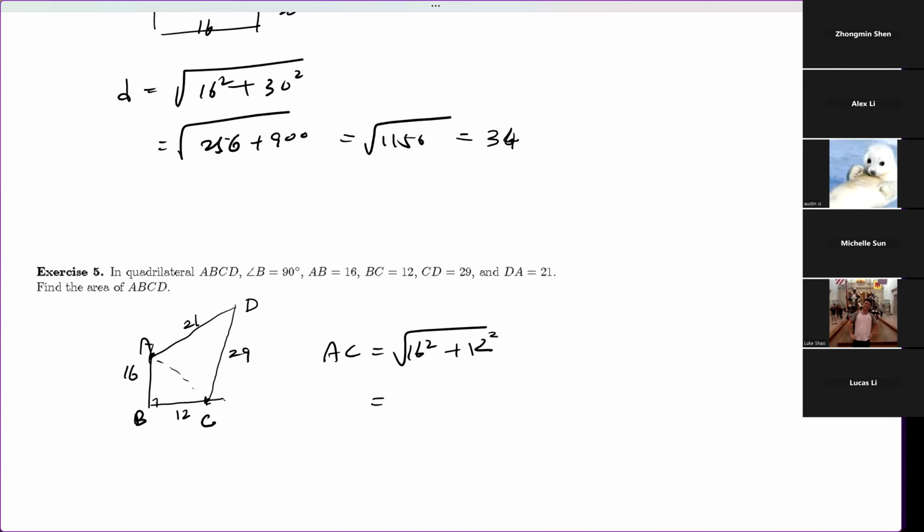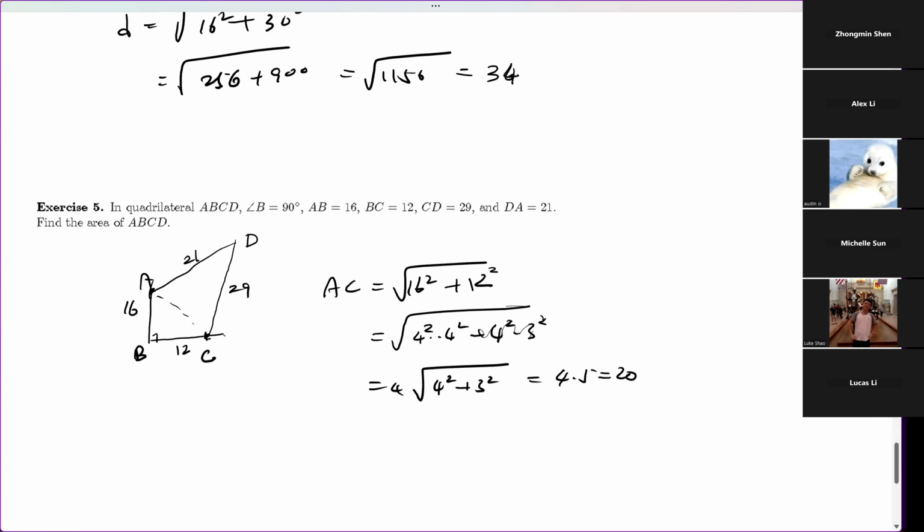It's better to use this: it's 4 times 4 and 4 times 3. So 4 can be taken out, and that'll be 5. So it's 4 times 5 is 20.